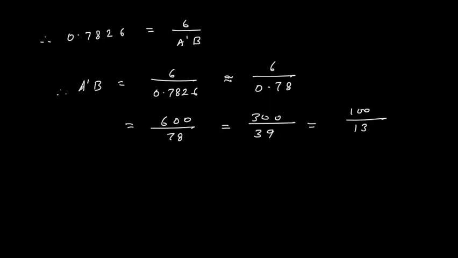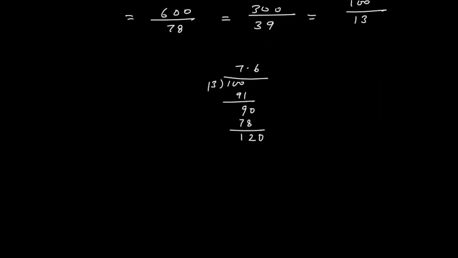So when 100 is divided by 13, 13 7s are 91, and here we have 9 remaining, so this will become 90. 13 6s are 78, so 90 minus 78 is 12, giving 120. 13 9s are 117.